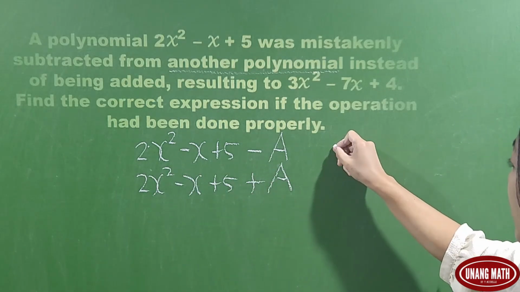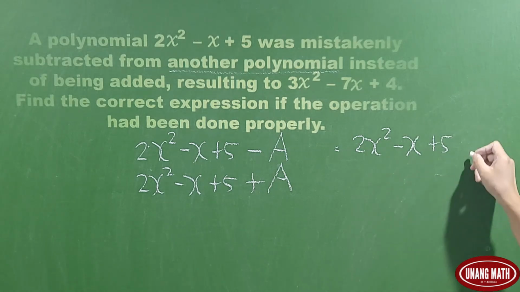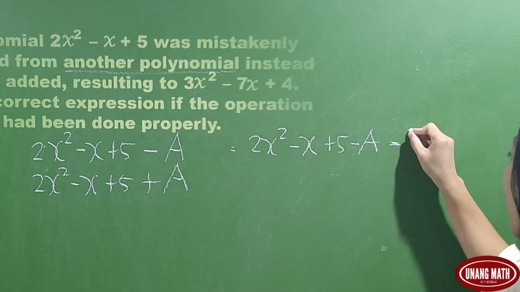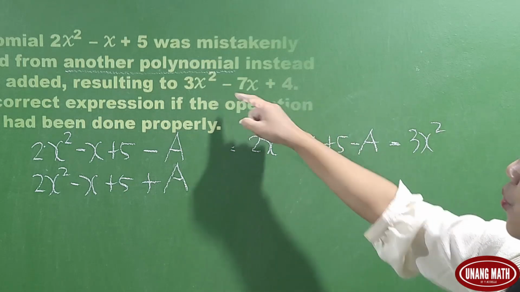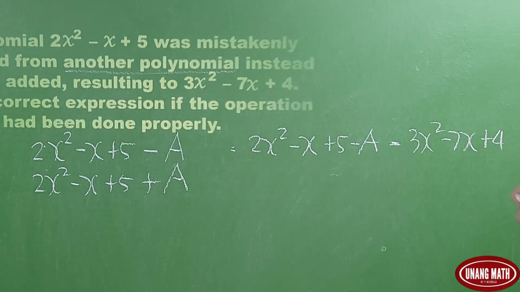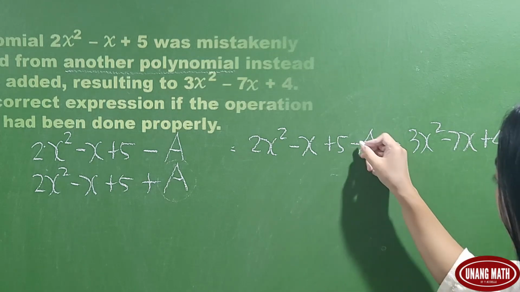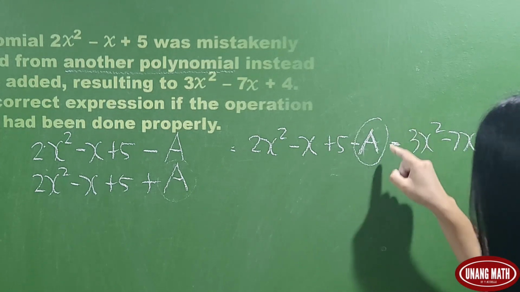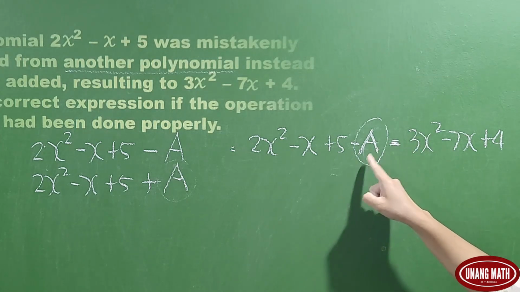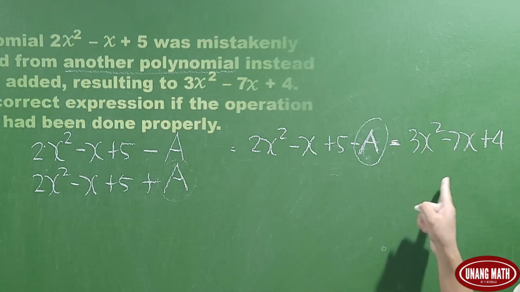So this one, 2x squared minus x plus 5 minus a, result is 3x raised to the power of 2 minus 7x plus 4. So to find what is a, we have to find the value of a in this equation. We need to move these terms on the other side of this equation.